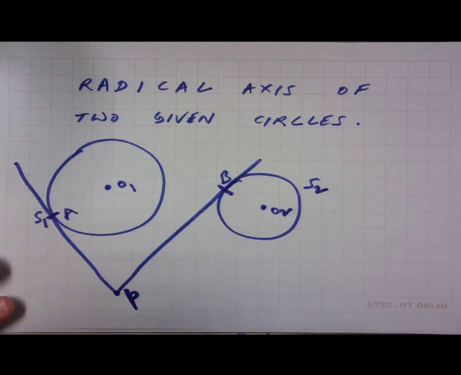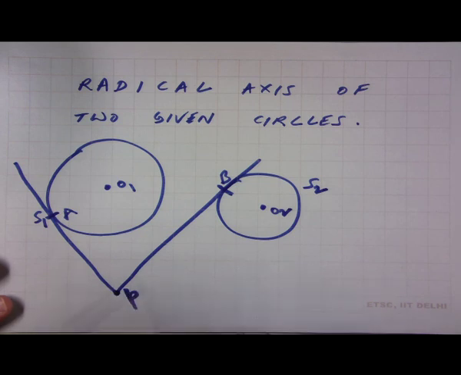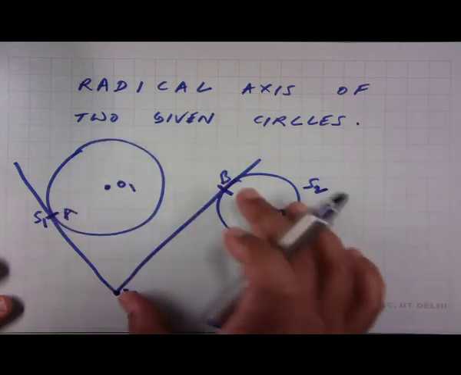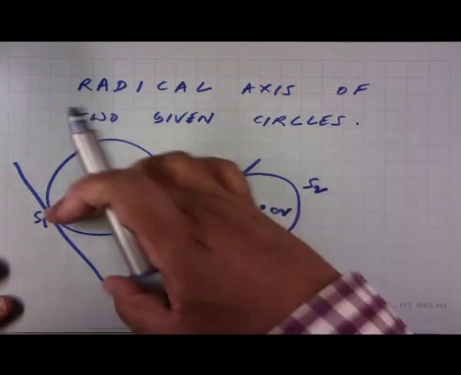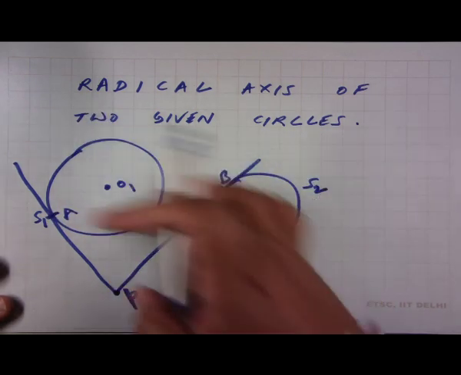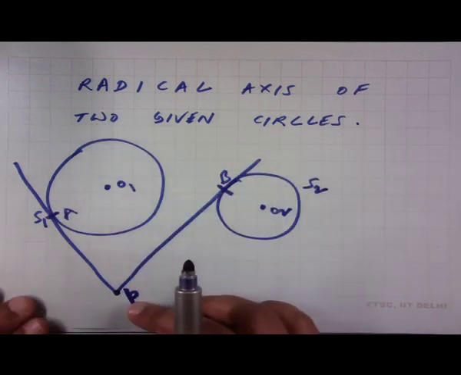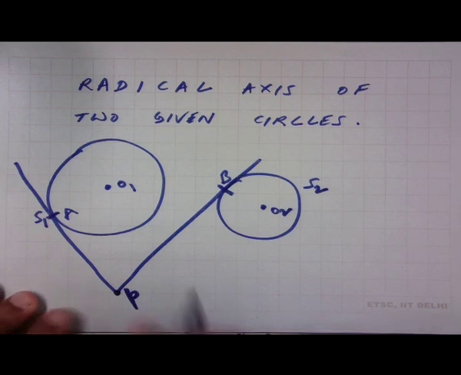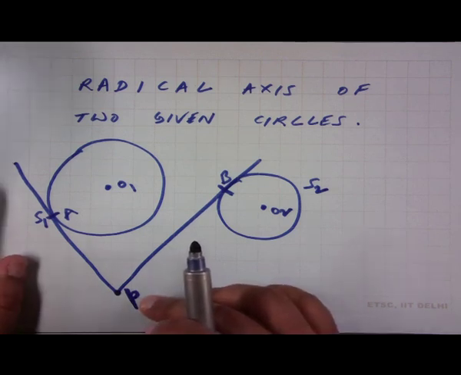So, we will only consider those points for which PA and PB are equal. In this case, at least in appearance, it does not look like PA and PB are equal. So, if they are not equal, then we will not consider P as one of the points in which we are interested.